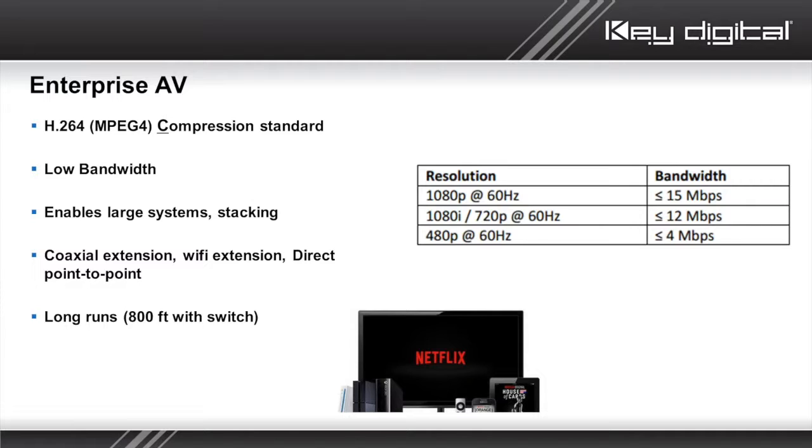If that's not long enough for you, you could use MoCA adapters, your network to coax adapters, to extend up to 1,000 feet. And Enterprise AV also enables a very cost-effective point-to-point setup without a network switch in the middle, being used as a basic transmit-receive pair, if you will.